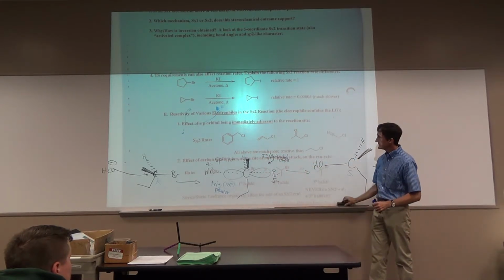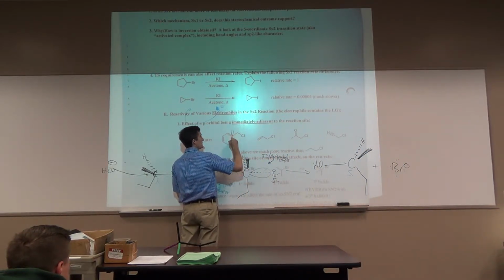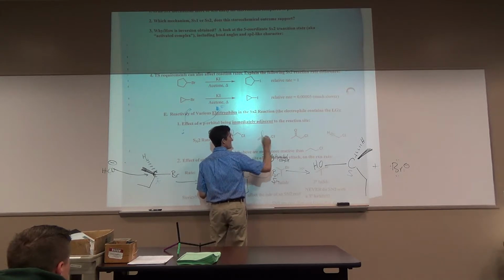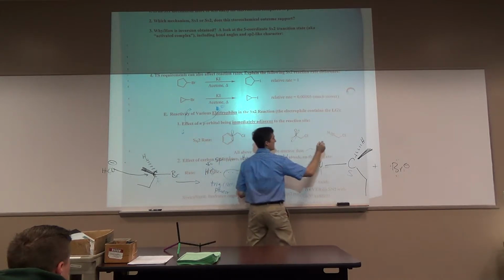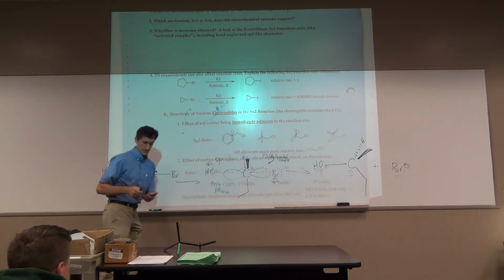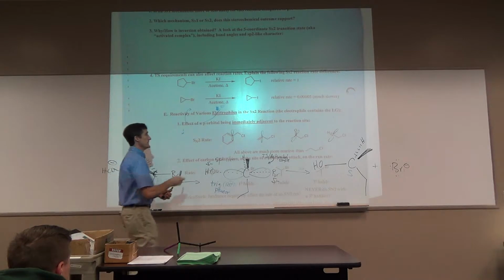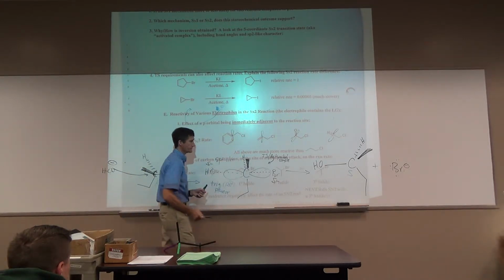The reason is, all of these up here have a p orbital adjacent to the reaction site. That one's got 2. Doesn't mean they're both at work. Immediately adjacent to the reaction site.